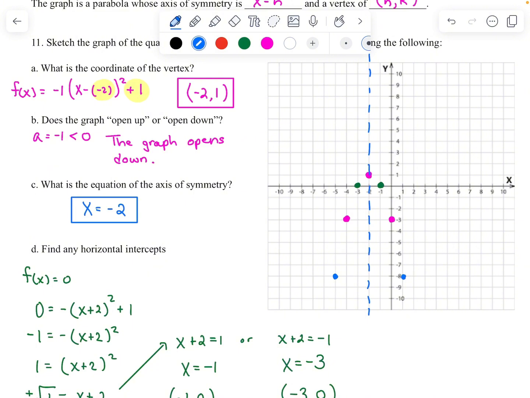You could do that, however, you don't have to. 5 coordinates on a parabola are just fine. And now we're going to connect these 7 points with a smooth curve, like such. And we are done.